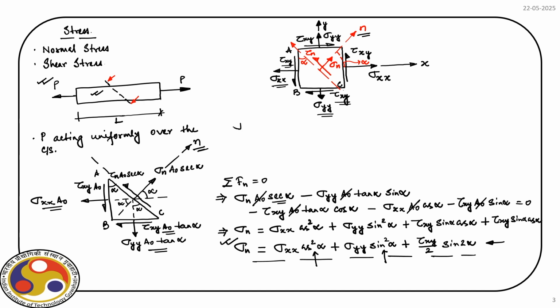So, sigma n is equal to sigma xx cos square alpha plus sigma yy sin square alpha plus tau xy sin 2 alpha.